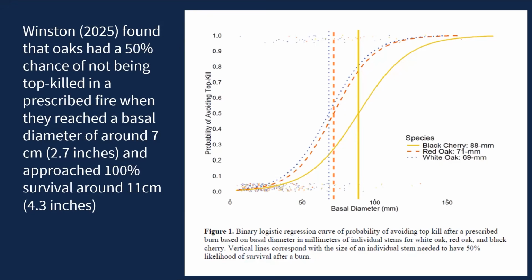And that number approaches 100% survival, so it's almost guaranteed to survive a fire, when that same tree gets up to a little over 4 inches in diameter. So that's the period you would need to wait. You'd have a fire-free period to allow those oaks to get up to that 4 inch diameter size, so that they're much, much more likely to survive a fire and not be top killed.